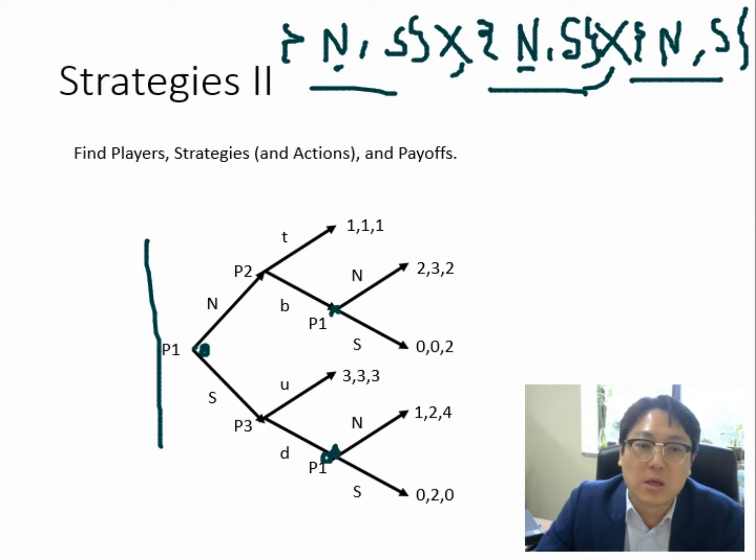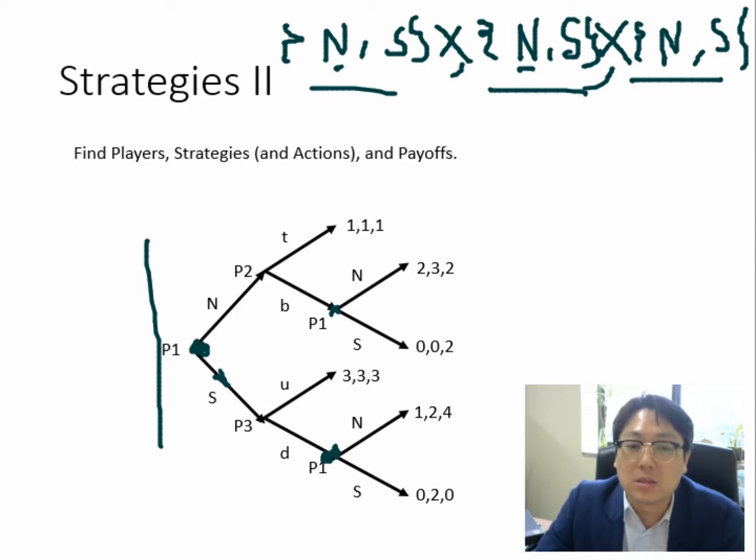For example, once this node is reached, I'm going to choose S. Then once this node is reached, even though I'm choosing S, I'm not sure whether I can choose an action here, because if the third player chooses U, the game will end.